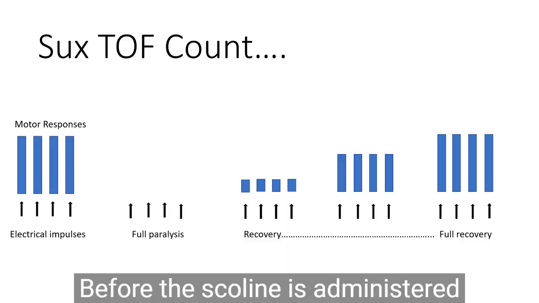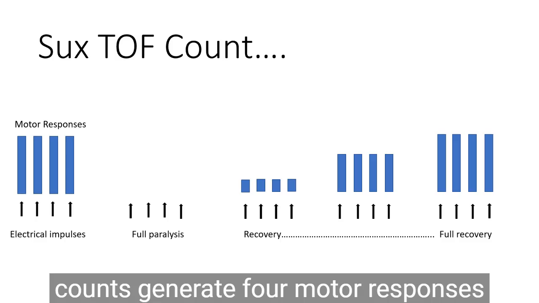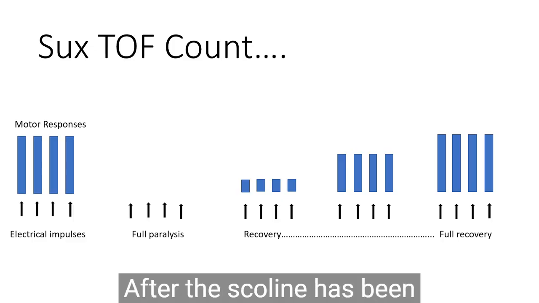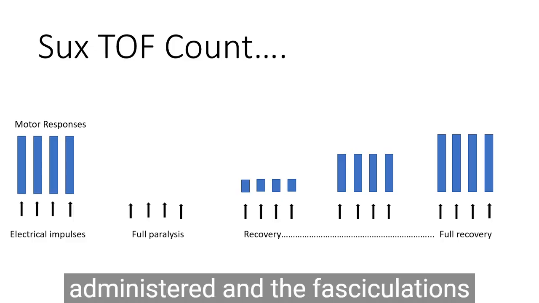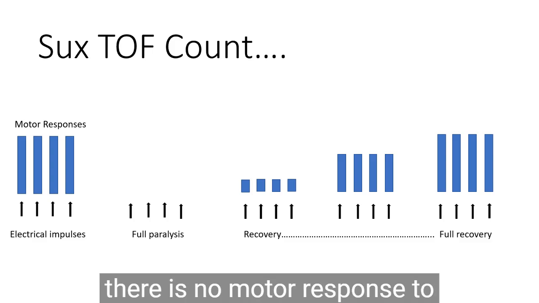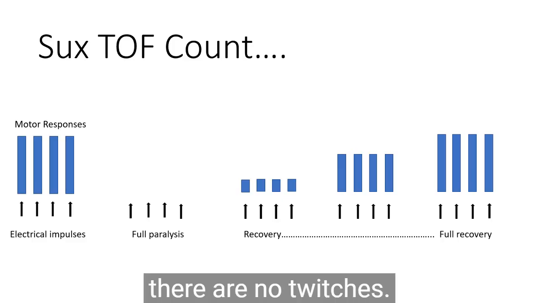Before the scoline is administered, the 4 twitches of the train of 4 count generate 4 motor responses that are identical in their amplitude. After the scoline has been administered and the fasciculations have taken place clinically, there is no motor response to the train of 4 stimulation. There are no twitches.